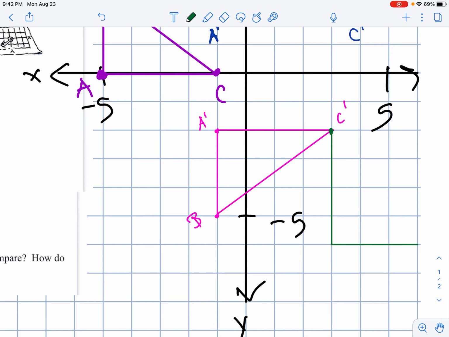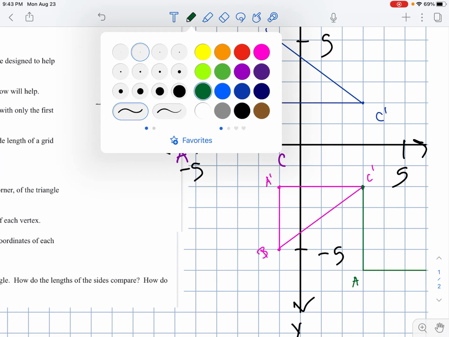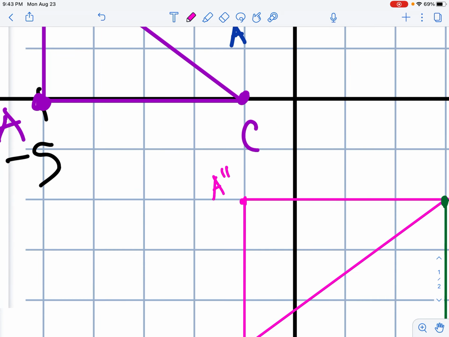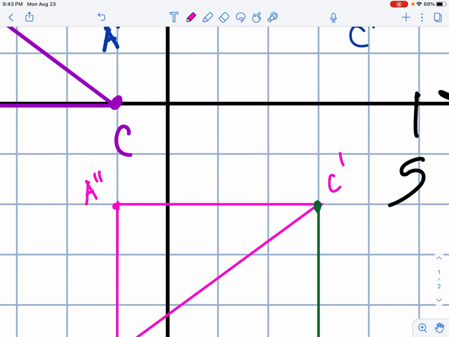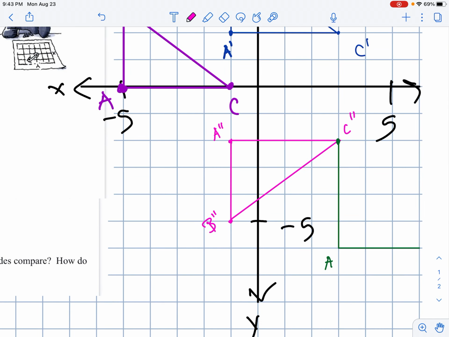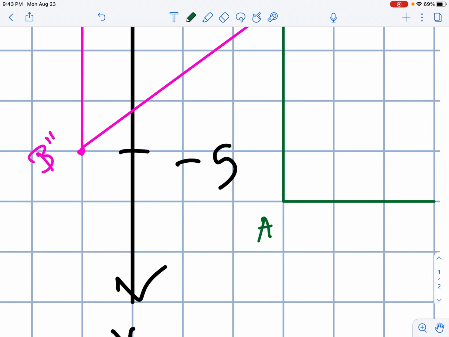Actually, I don't know why I didn't do that before. I should have called these double primes so that we knew that this was the second move. Apologize. This should have been double prime. This is what happens when you try to do everything in one take. All right, and then this here will be triple prime.